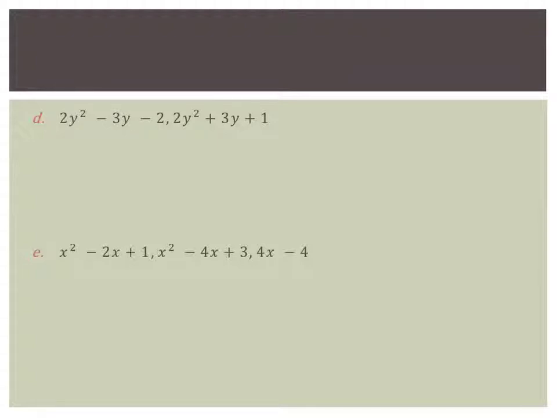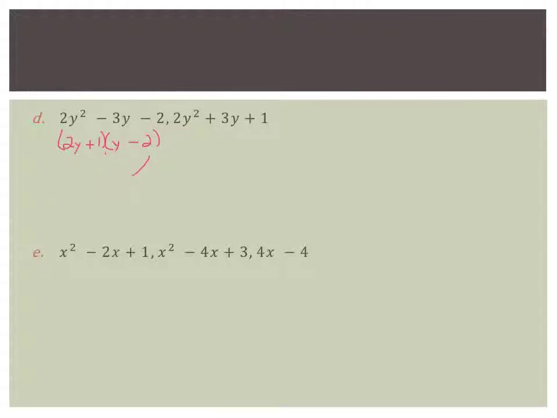For example, D, 2y squared minus 3y minus 2 and 2y squared plus 3y plus 1. So remember that the first thing we're going to do is factor them. So that's going to be 2y times y. 2 times 1, that gives me 2, and 4 and 1, subtract and add, that'll give me the negative 3.